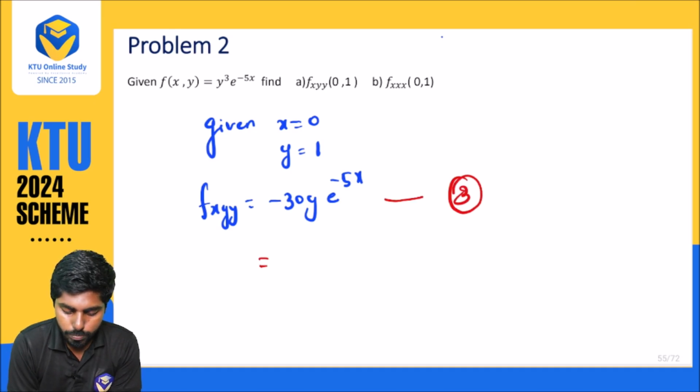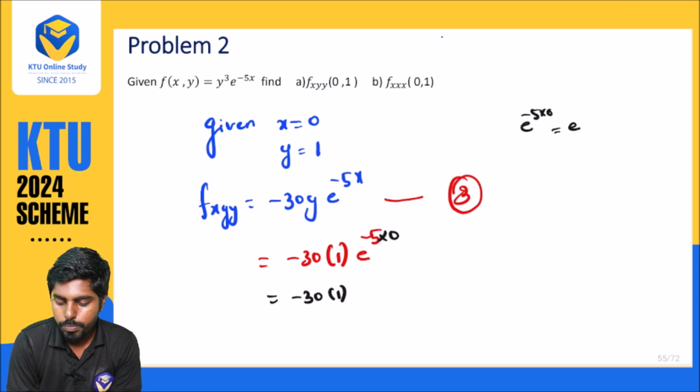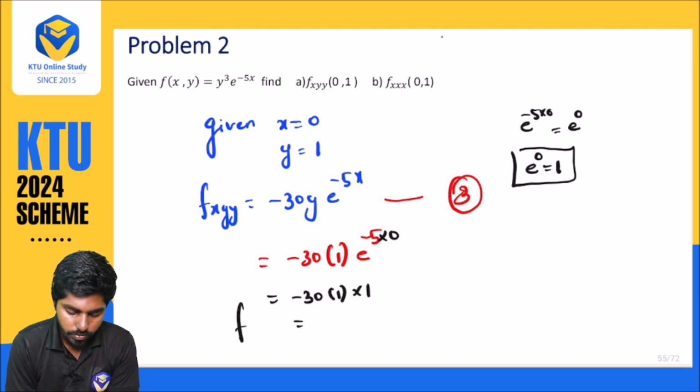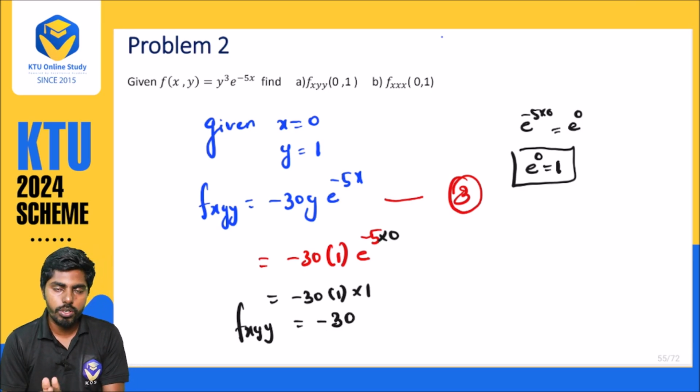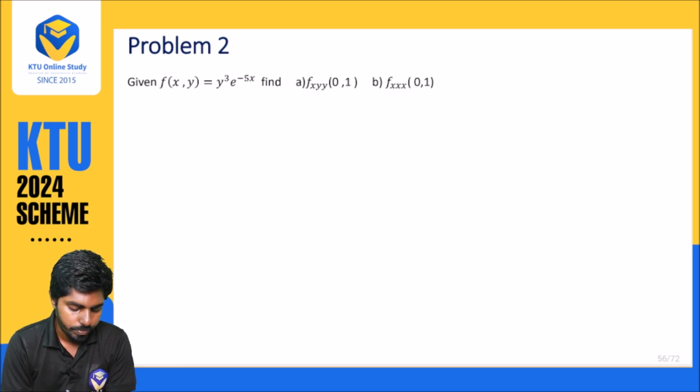We will get minus 30, y is equal to 1, e power of minus 5 into 0, which is nothing but e power of 0. E power of 0 is equal to 1. So we will be getting into 1. So what is our answer? Our answer is f of x y y is equal to minus 30. So this is our required answer. Okay. Similarly, we will be solving the B option also.